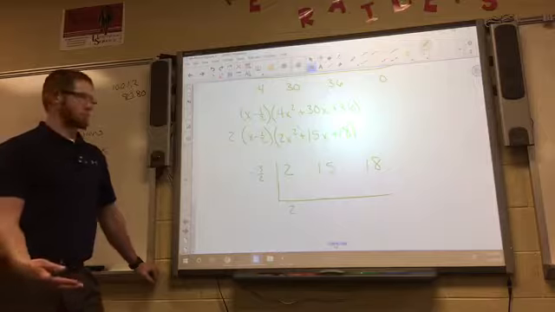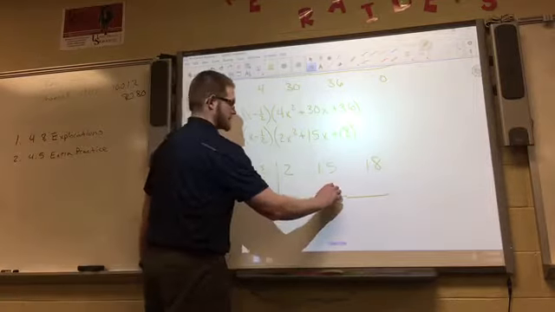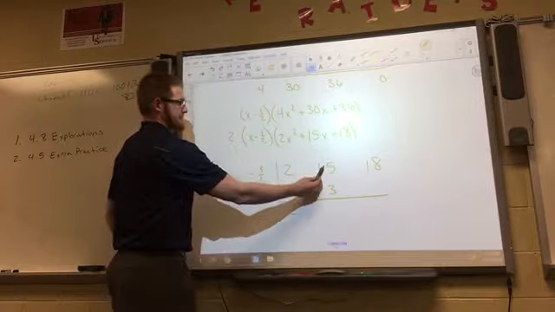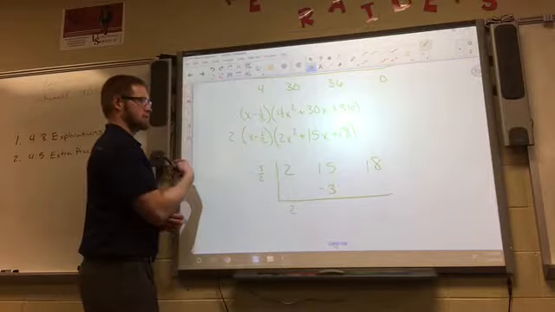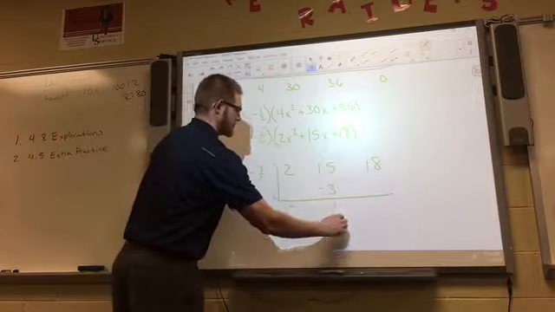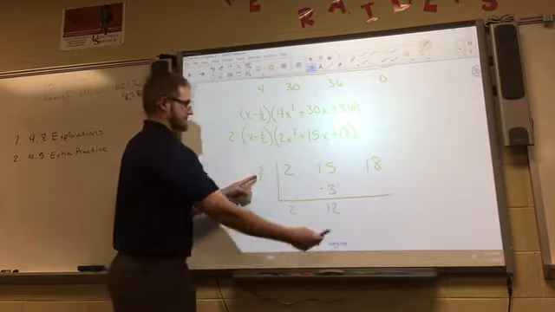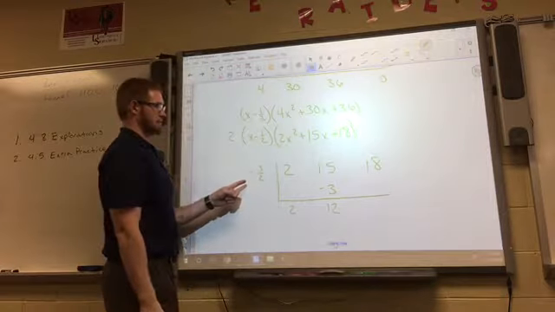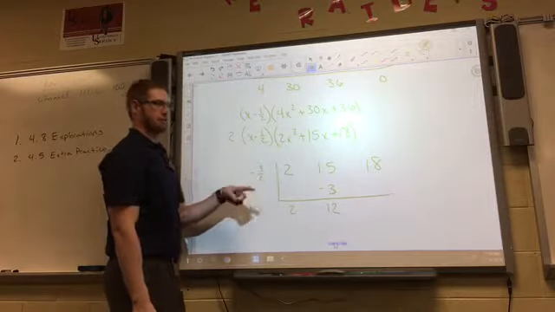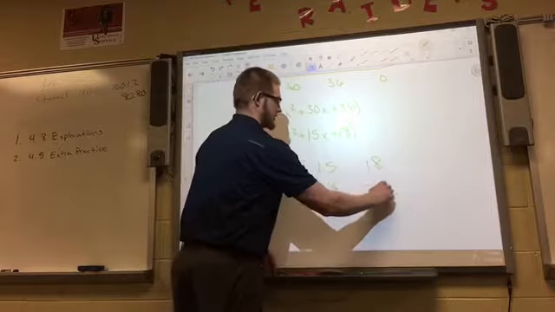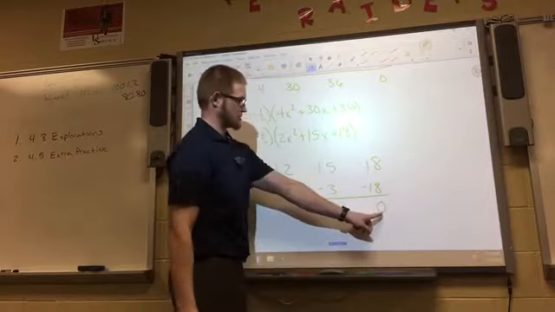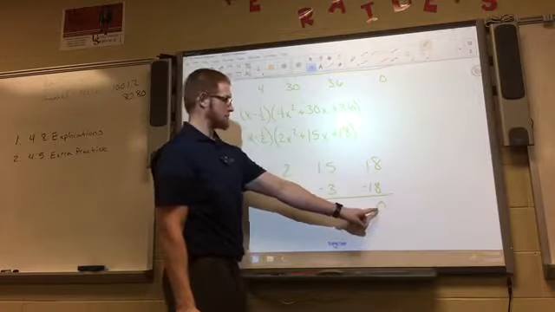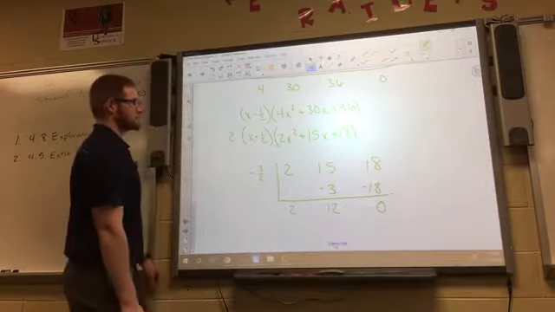Negative 6/2, which is negative 3. 15 plus a negative 3 is 12. Negative 3/2 times 12, negative 36/2, or negative 18, which gives 0, which it should be because this is a zero.